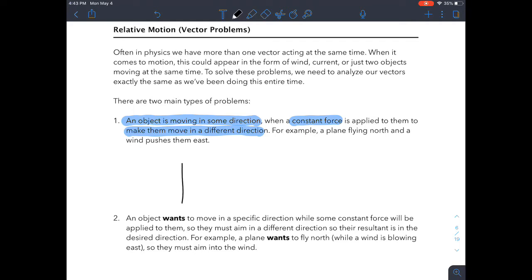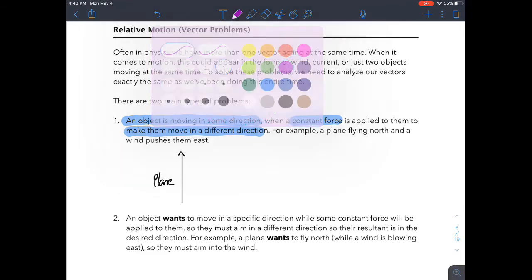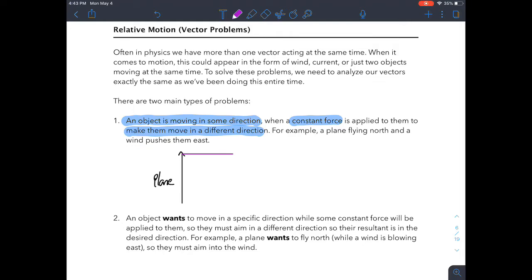So what this looks like is a plane moving north like this. So there's our plane. And then we have a wind that pushes them east. So this purple line is the wind pushing them east. And what we're going to see is the green resultant vector.